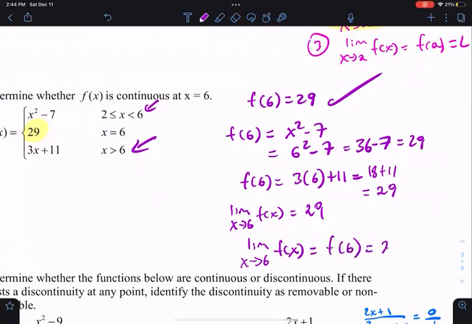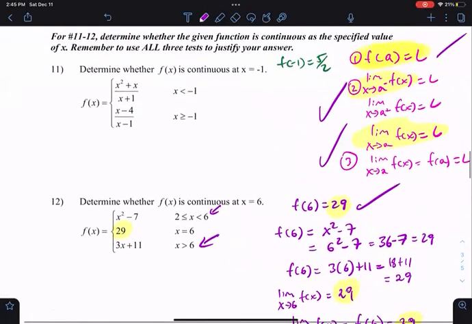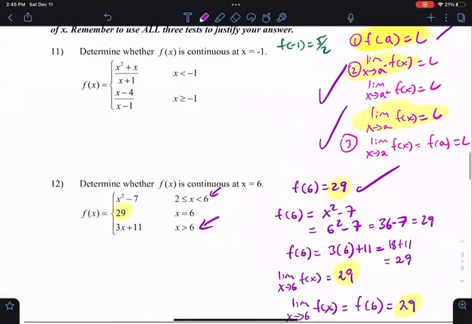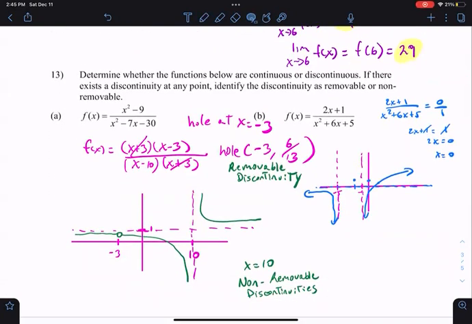And indeed, it's the same, right? Because the limit is 29 and the function defined at 6 is 29. Therefore, the function is continuous at that specific value, x equals 6. So therefore the third condition is also satisfied. So that's how you can check if this function is continuous or not, right? Okay, so that's that. Let's continue.